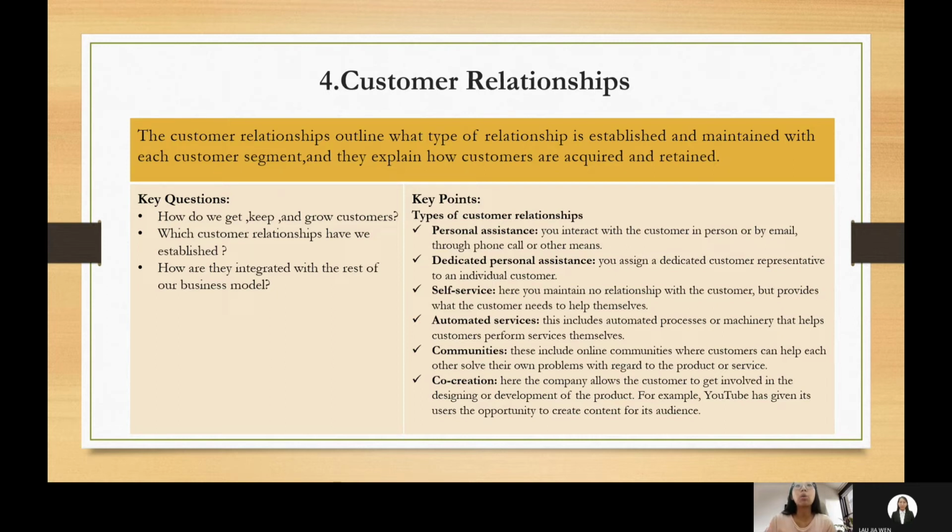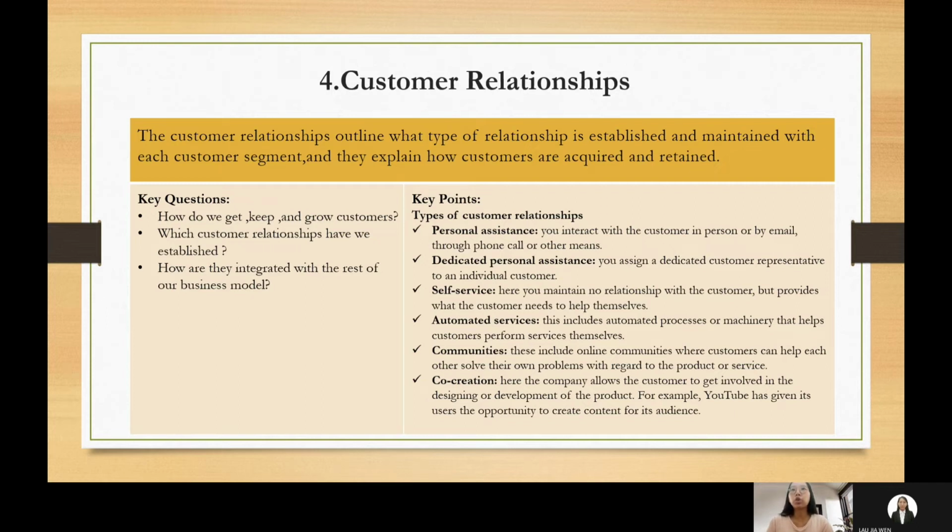And the next is the communities. It includes online communities where the customers can help each other solve their own problems with regard to the product or services, such as a Facebook group. And next is the co-creation. Co-creation is where the company allows the customer to get involved in the designing or development of the product.